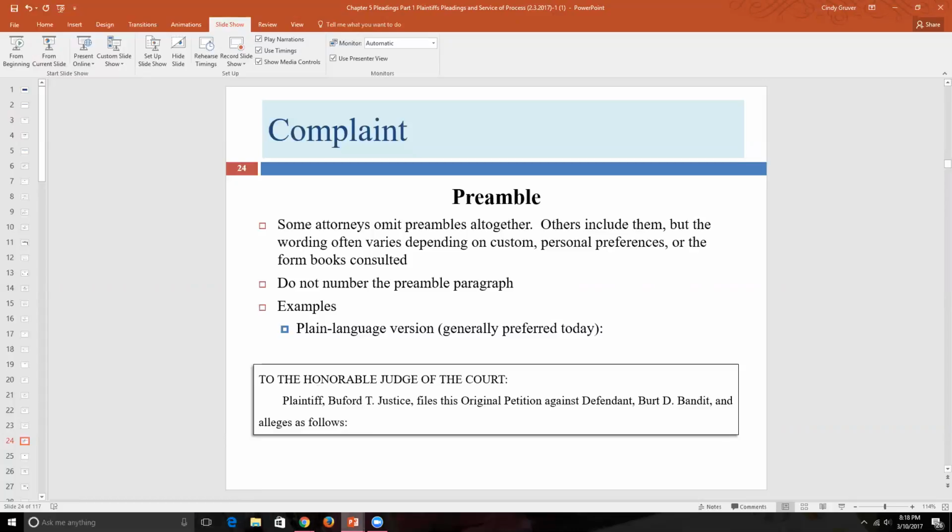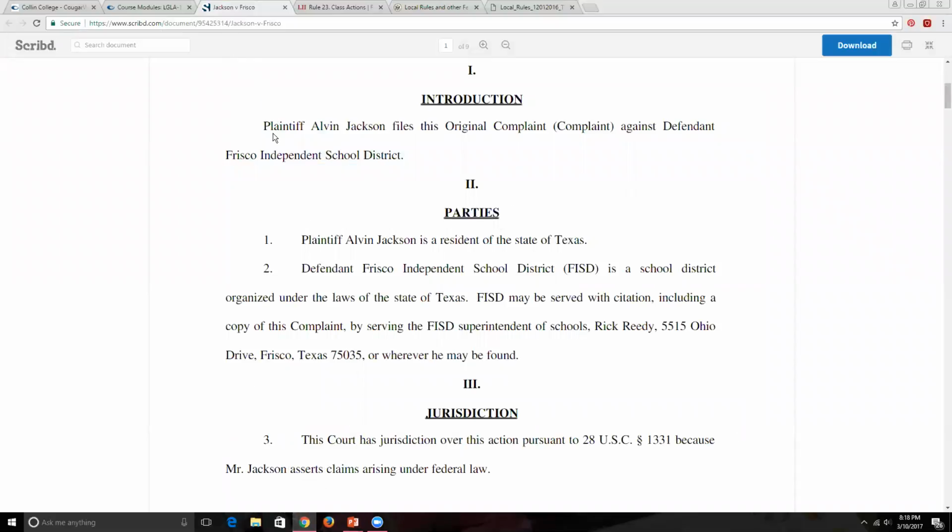Let's look at that preamble paragraph in the Jackson matter. Plaintiff Alvin Jackson files his original complaint against defendant Frisco Independent School District. So definitely plain English is in application here, and you can see they did not number this paragraph, so that's good. Now you may wonder, what is this item in parentheses?